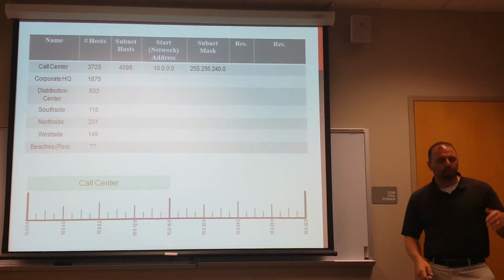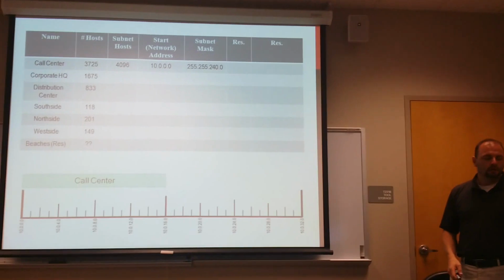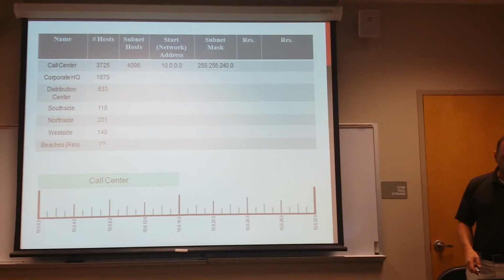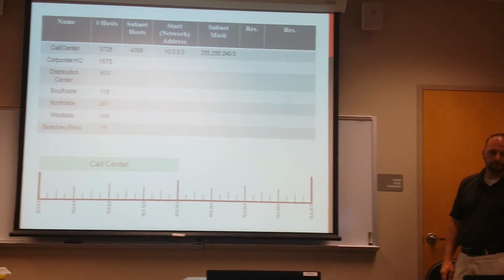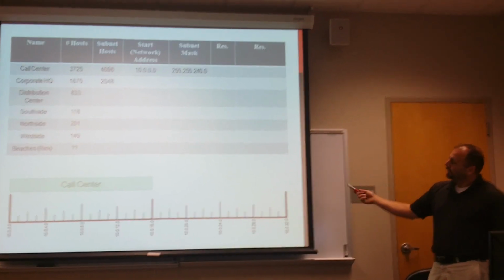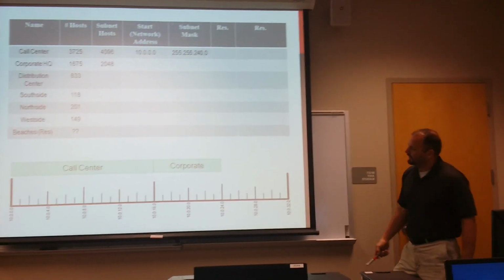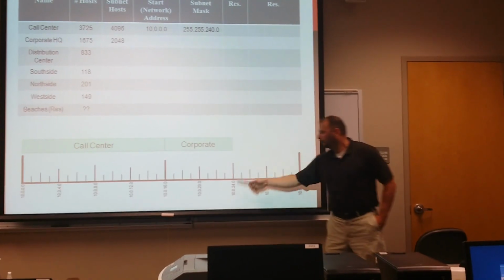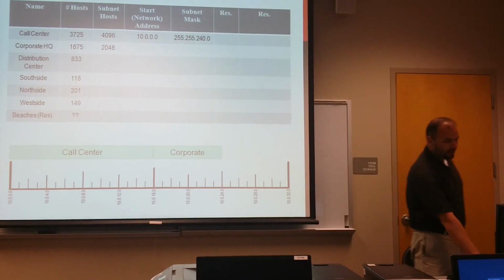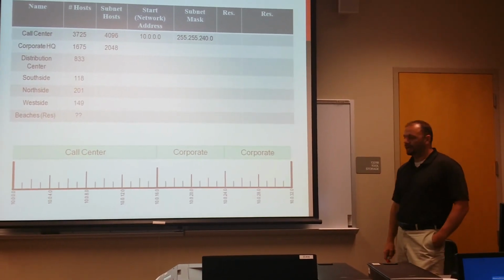So let's move down to the next one. Corporate headquarters. 1675. So our next largest division that we need, 2048. Well, this one, we can put it in here, because it's going to take up a fourth of our network. Or we can put it in the back half. Either one. It could go there or there.